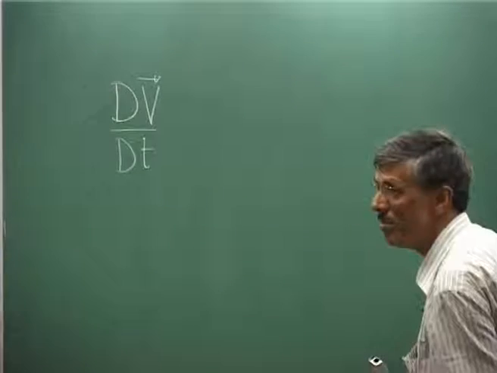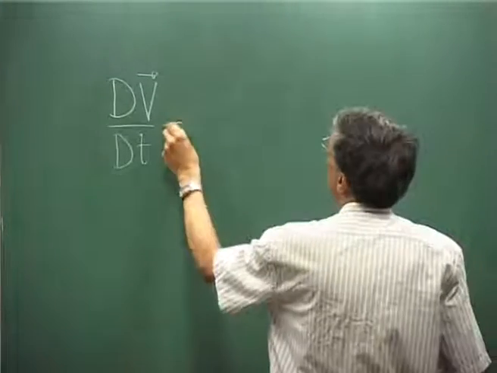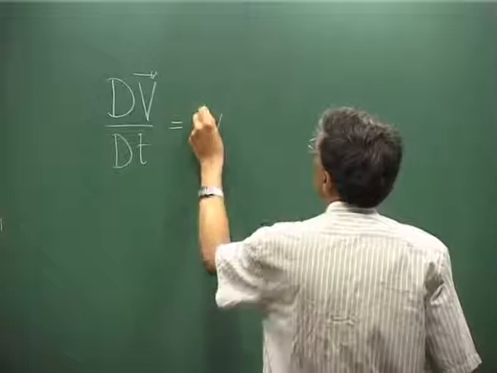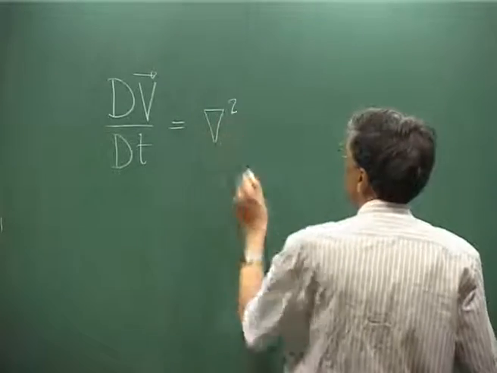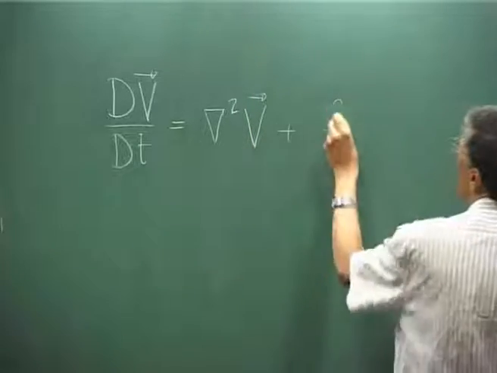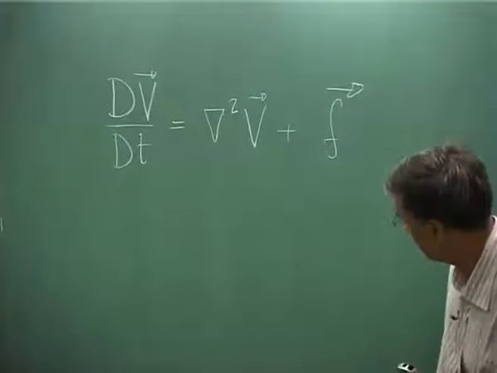So, the substantive derivative would be given by the diffusion term and additional terms, which we are not talking about.